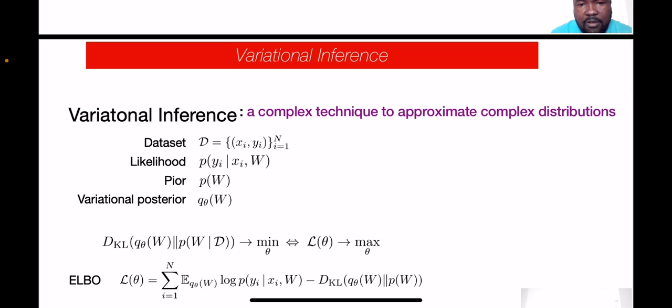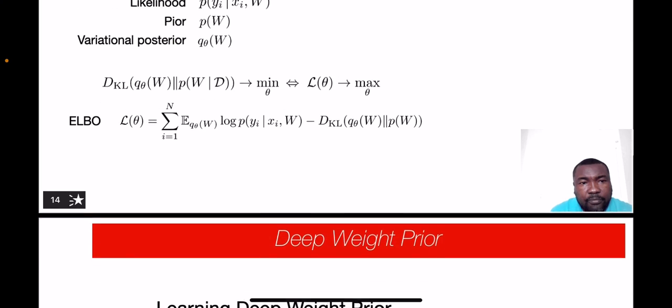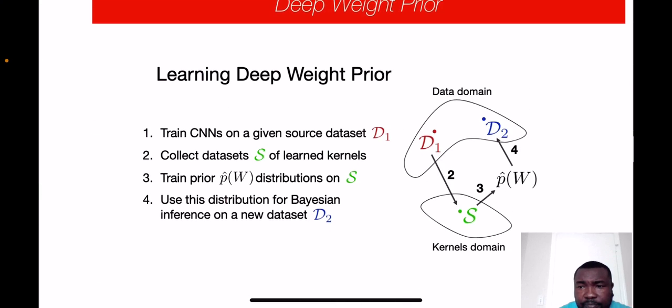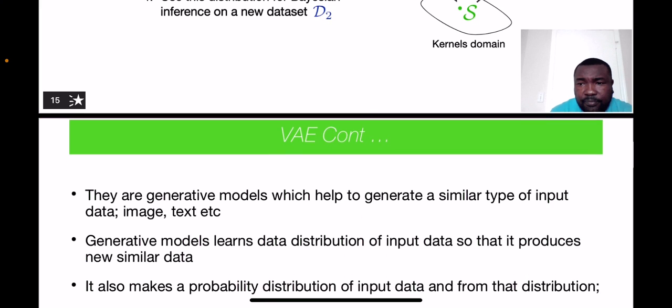The problem of maximizing the likelihood is then equivalent to minimizing that divergence. In the next slide, I will talk a little about how, in general, that works. We train the CNN on the given source data D1, collect the set S of learned kernels, train a prior distribution on S, and use the distribution for Bayesian inference on the new data set. That's in a nutshell what happens.